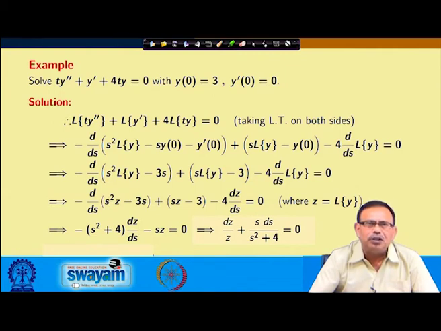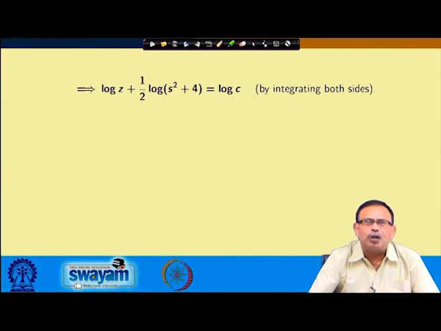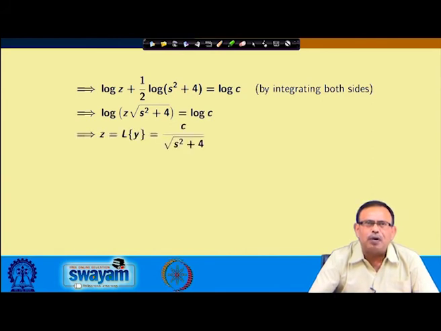I can find out the solution of this: dz by z plus s by s square plus 4 ds is 0. The solution is very easy: log z plus this, so log of z into root over s square plus 4 equals log c. And z is the Laplace transform of y, which equals c by root over s square plus 4.